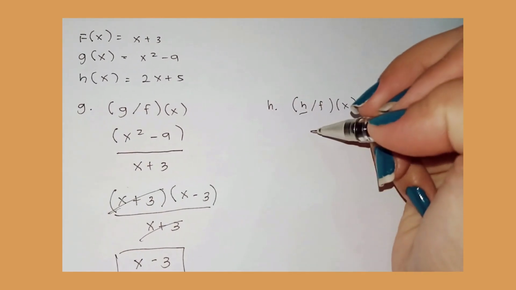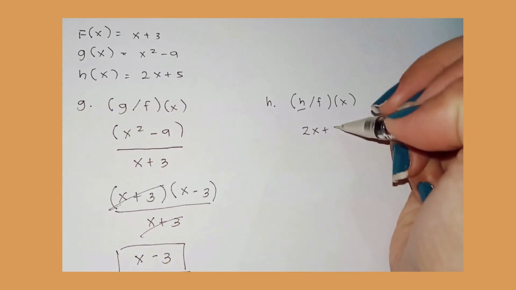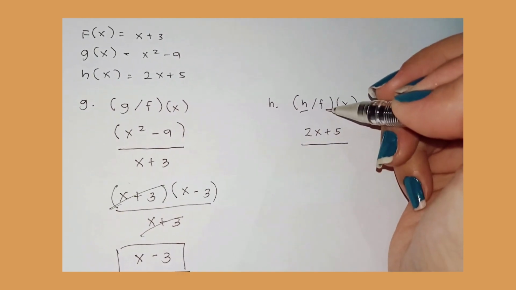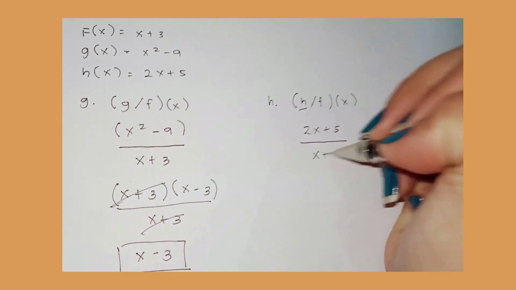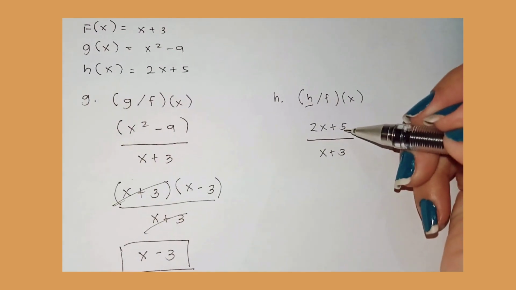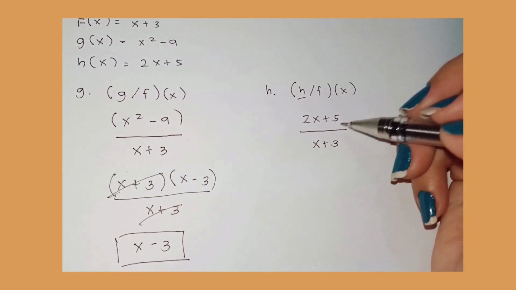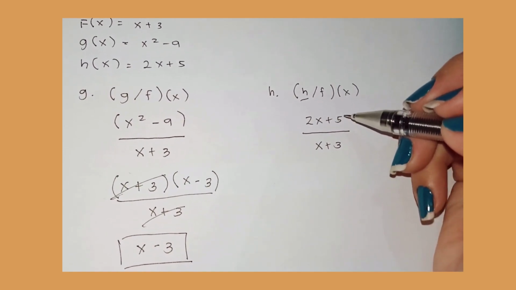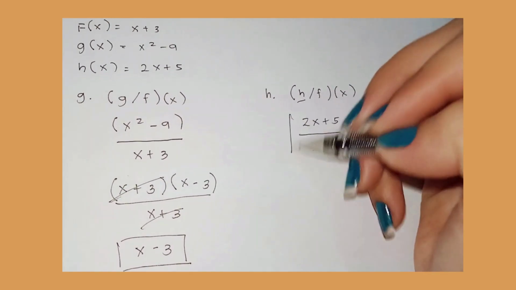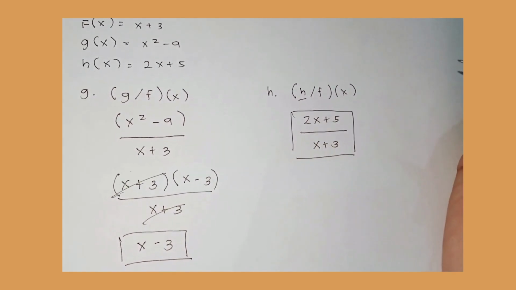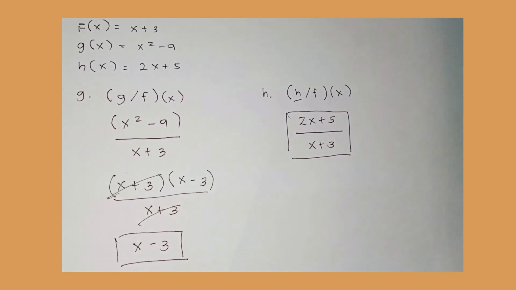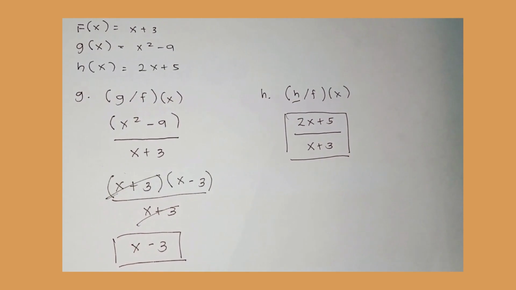That is 2x plus 5 divided by f. F is x plus 3. Yung 2x plus 5, hindi naman siya quadratic function, so wala na siyang factor. So, meaning, wala na tayong ika-cancel dito. Ito na kaagad yung ating final answer. That will be for the division of functions.